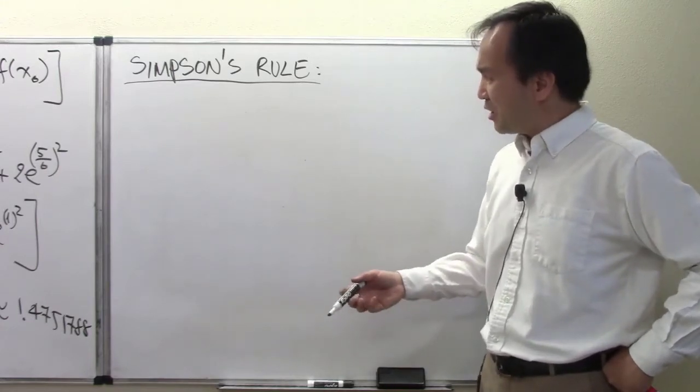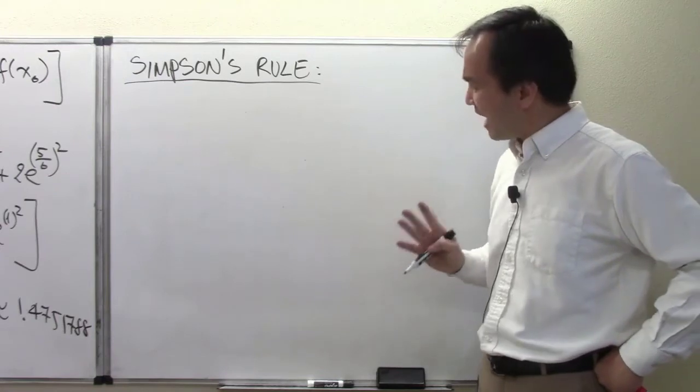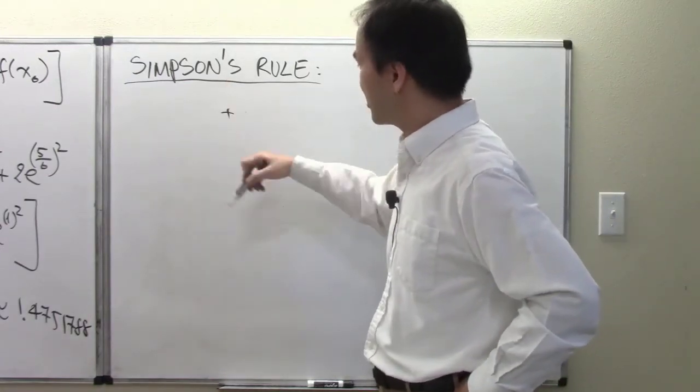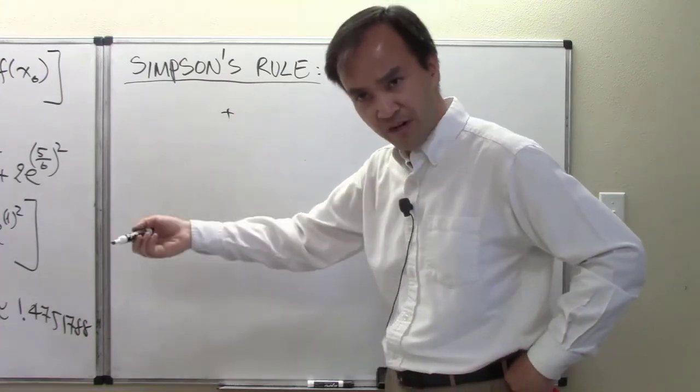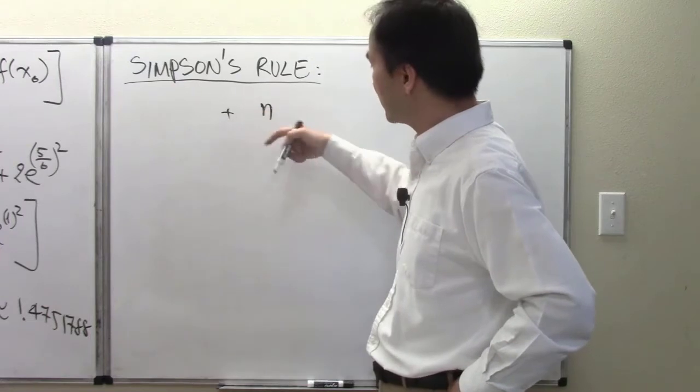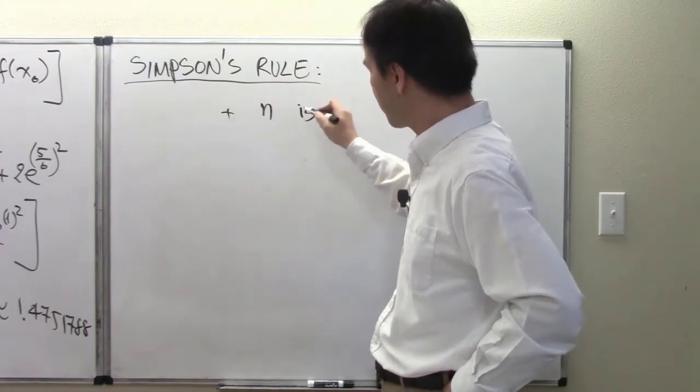But also a couple of things I have to really mention. Simpson's rule only works for, so yes, n is the number of subintervals. Anytime we're working with Simpson's rule, n must be even.